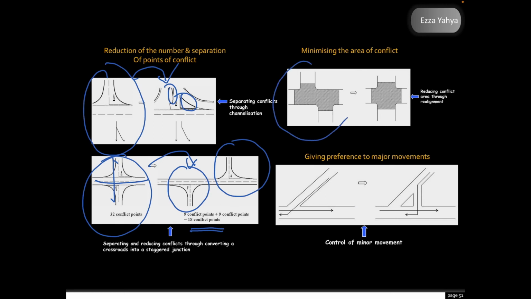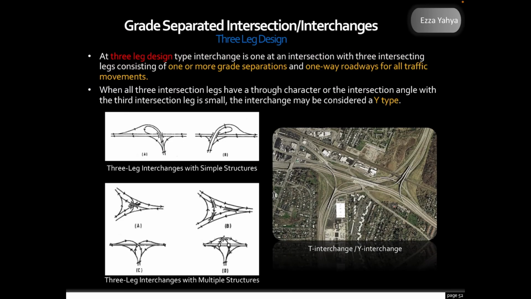That is minimizing the area of conflicts. This area we reduce to become here. Giving preference to major movement: we give way to control the minor movement. From here change to here.